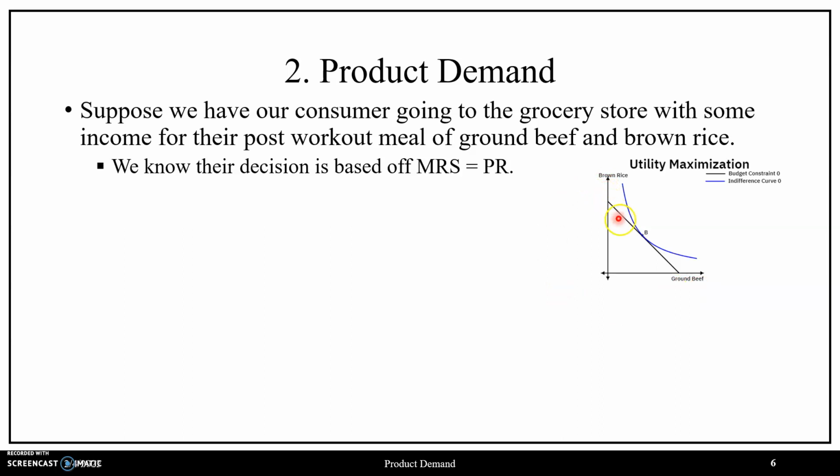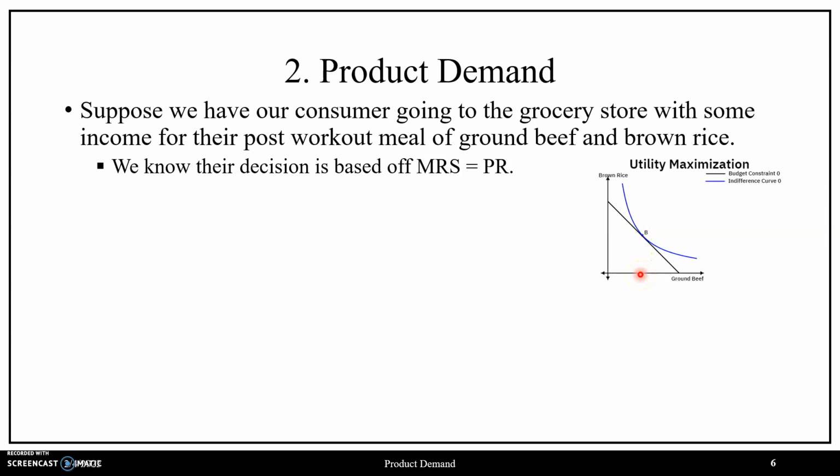We have our downward sloping budget constraint in black representing all our possible choices, and we have our highest indifference curve compatible with this budget constraint representing a particular level of utility, indifference curve 0 in blue, and then we have our utility maximizing bundle where the marginal rate of substitution is equal to the price ratio at point B, giving us our post-workout meal of a particular quantity of brown rice as well as ground beef.